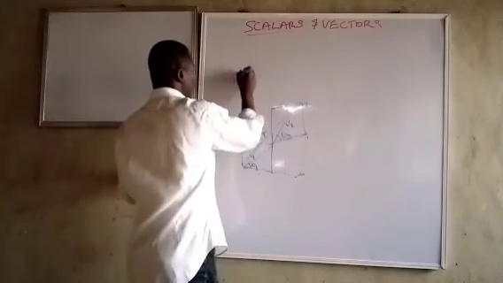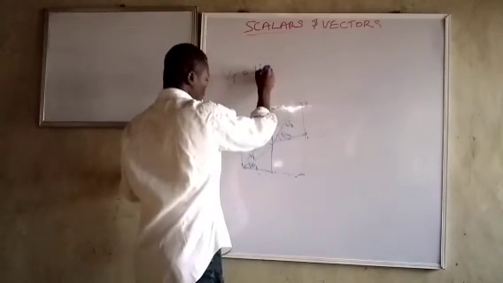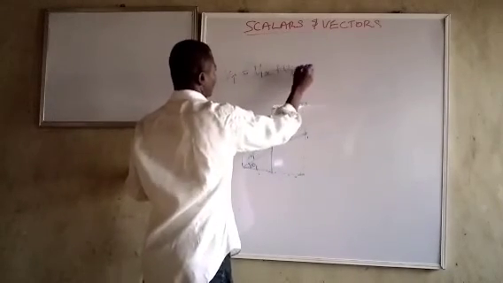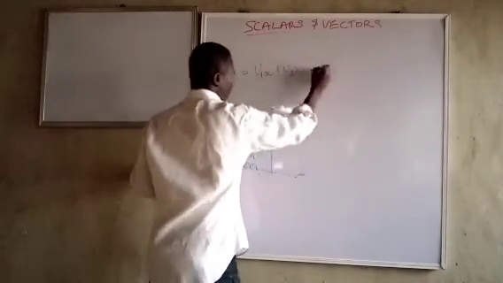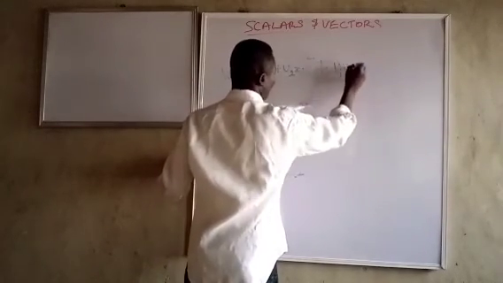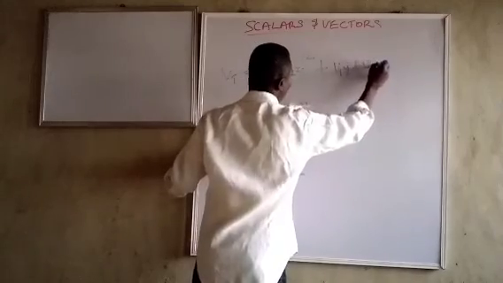So V total is equal to the square root of V1x, that is V1 cos theta, plus V2x, squared, plus V1y plus V2y, squared, that is the vertical.